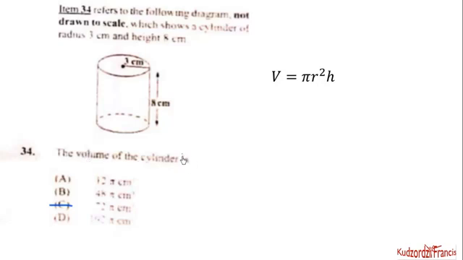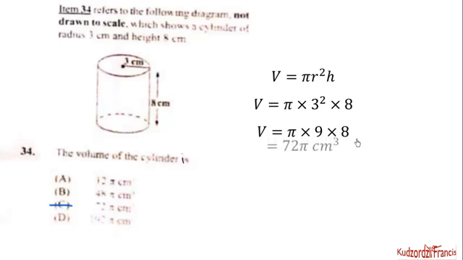The volume of the cylinder is given by V equals pi r squared h. The radius is 3, so we substitute 3 there. 3 squared is 9, and 9 times 8 is 72. So the volume is 72 pi centimeter cube. This is the correct answer.